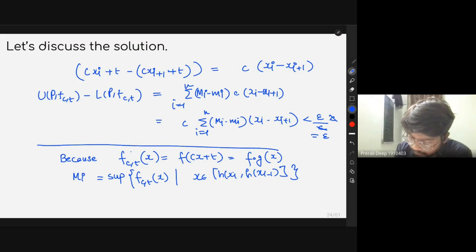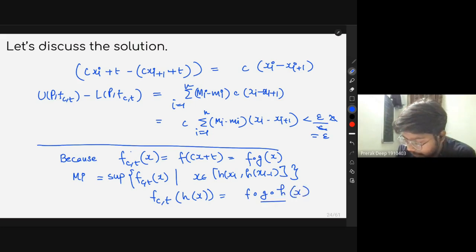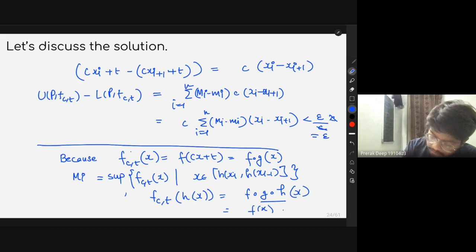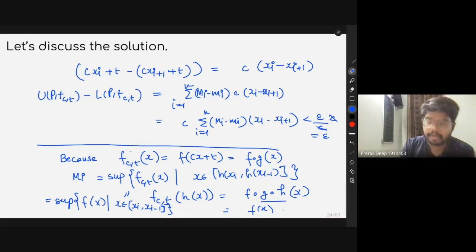Now if I plug in the values in this, this is nothing but f composed with g composed with h of x. Now h is the inverse of g, so this composition is identity, so it is nothing but f of x. So this is nothing but finding the supremum of f of x when x is in xi to xi minus 1. So the maximum value and the minimum value will remain the same.